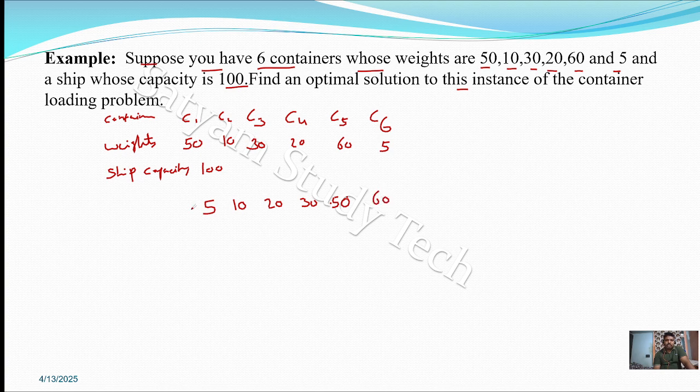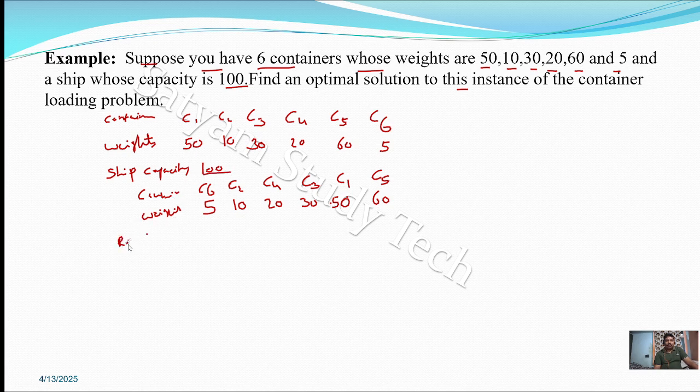Here 5 is container C6, 10 is container C2, 20 is container C4, 30 is container C3, 50 is C1, and 60 is container C5. These are the containers' weights, and the ship capacity is 100.